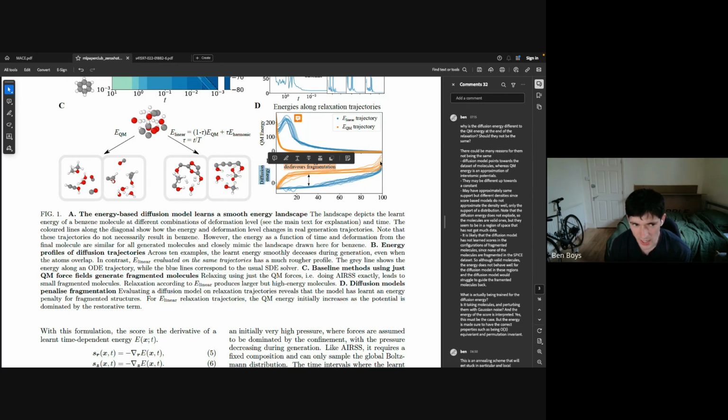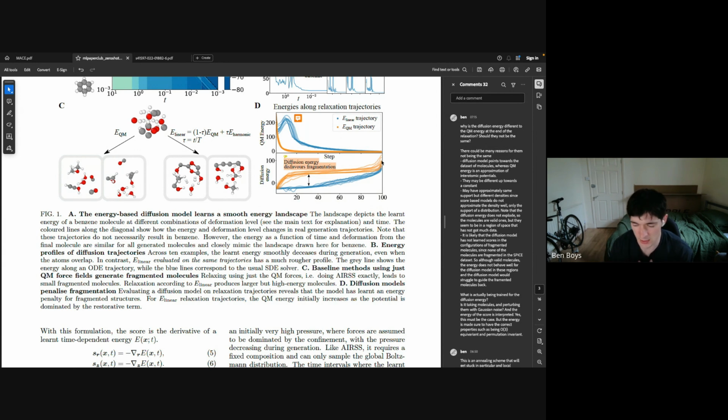So where you haven't got much data, for example, these smaller molecules which are not interesting and not in the data set, then you haven't learned the diffusion score or energy very well. And so it's not going to be very well behaved. And so that's quite expected. So even though these are physical molecules, they have not been learned by the diffusion model. And that's okay, because maybe you don't care about them.